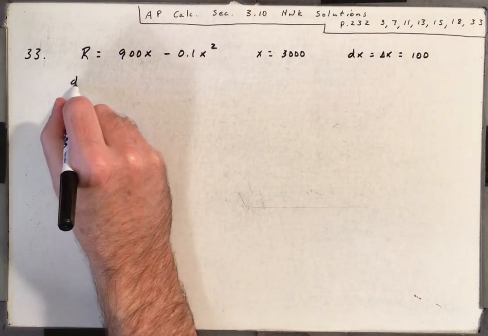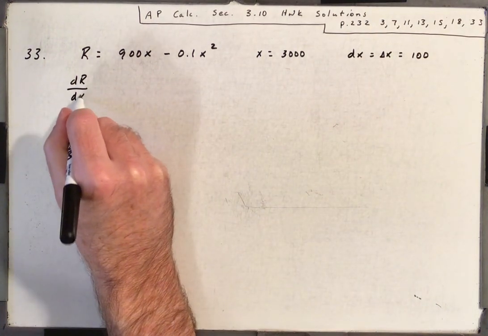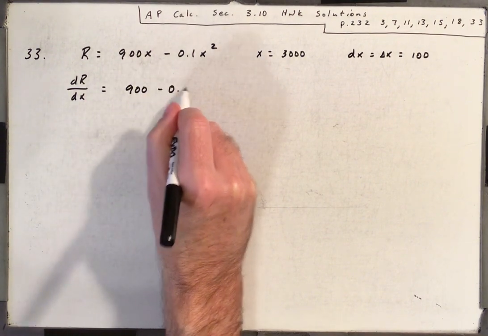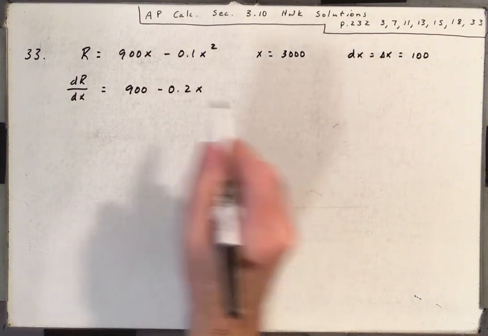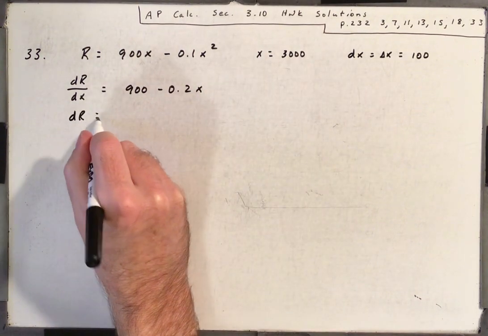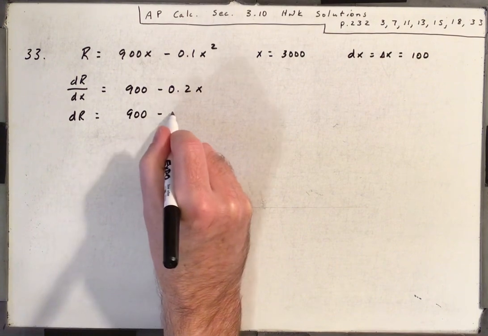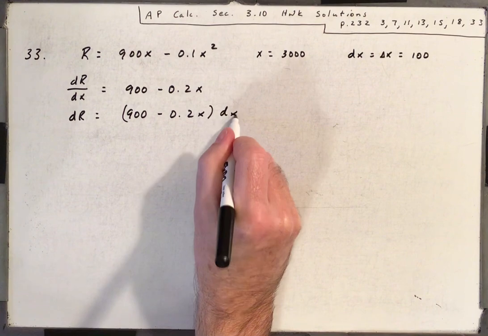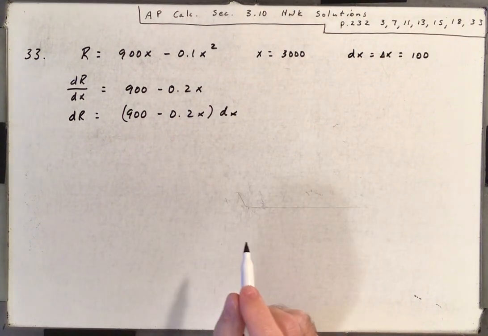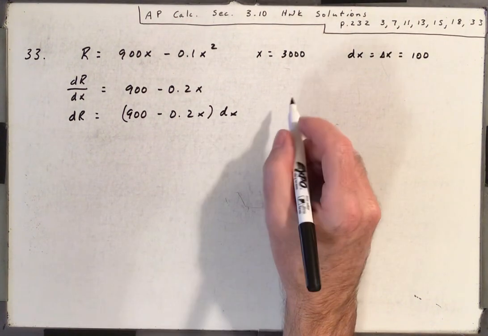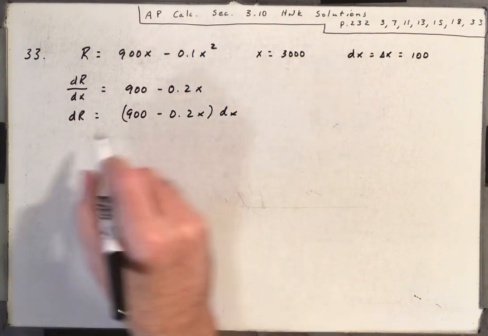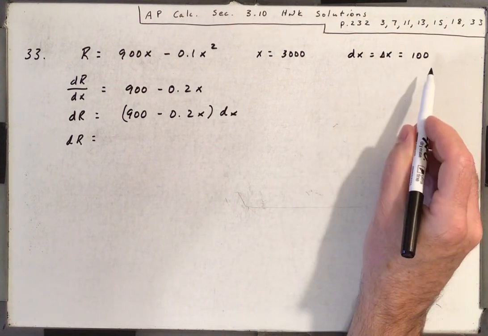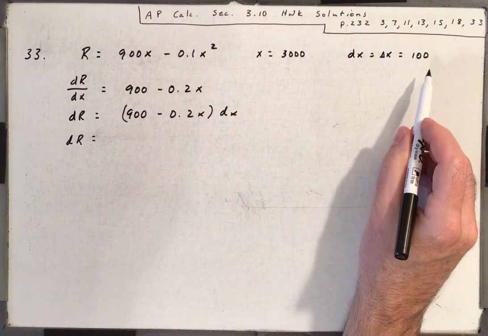Okay, so we know that dR dx would be 900 minus 0.2x. So our estimate, which is dR, is 900 minus 0.2x times dx. Here's our differential. Okay? So to get that estimate, how much is revenue going to change if we sell 100 more units?